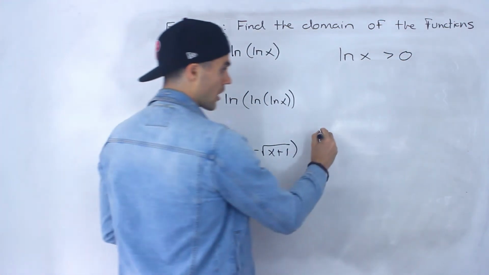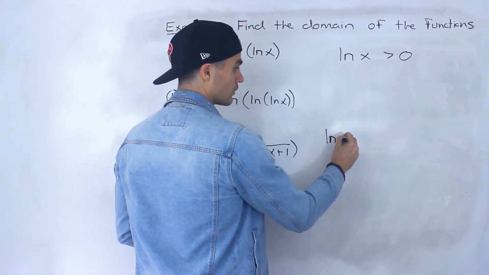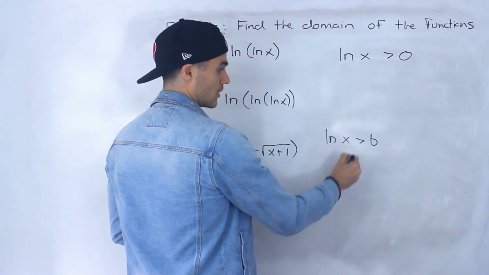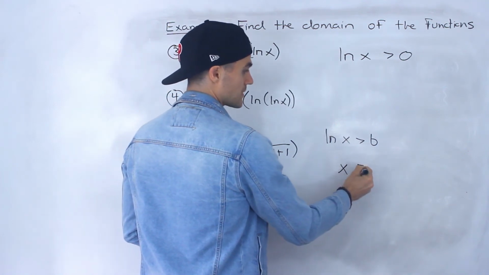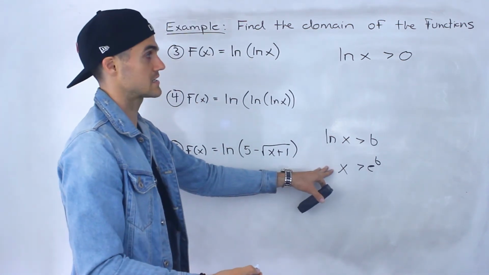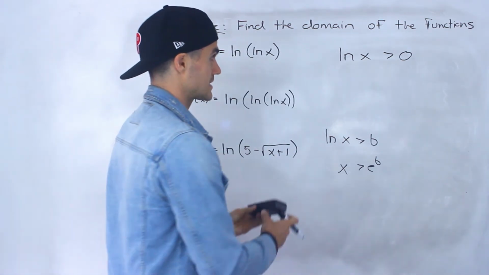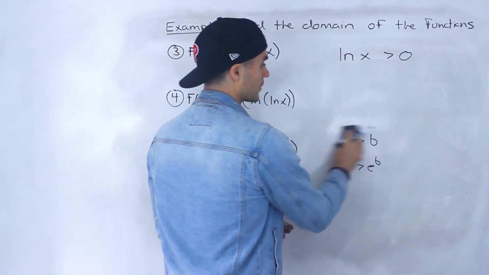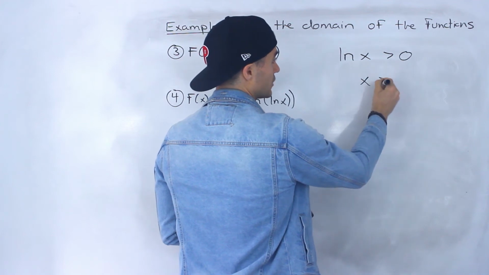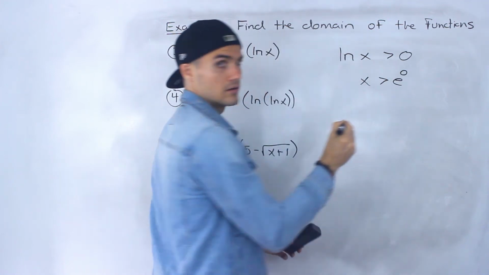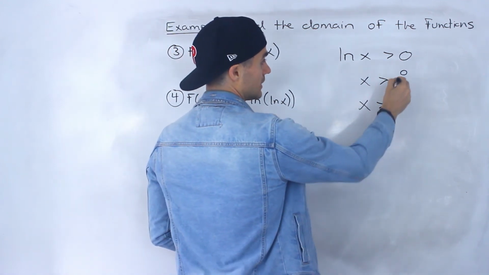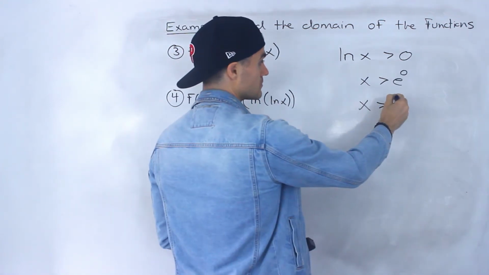And as I mentioned, that property at the beginning of the video, whenever we have ln of x is greater than something, we can just rewrite that as x being greater than e to the power of b. Both of these are the exact same thing. And so if we isolate for this x using this property, ln of x is greater than 0 means x has to be greater than e to the power of 0. Anything to the power 0 is just 1.